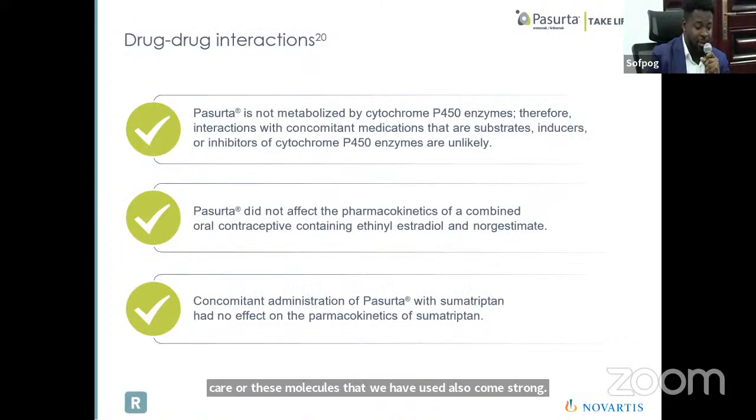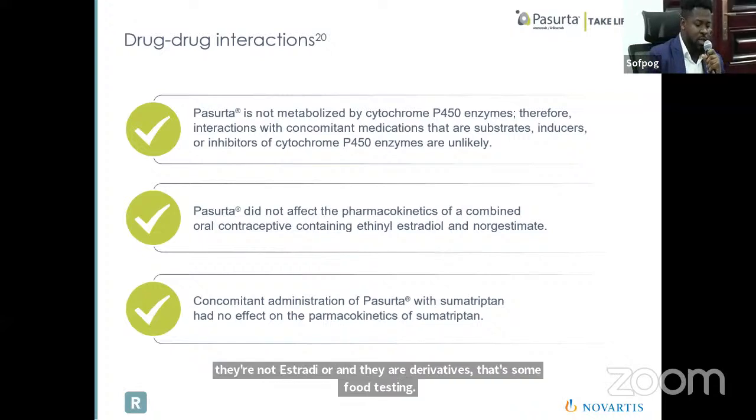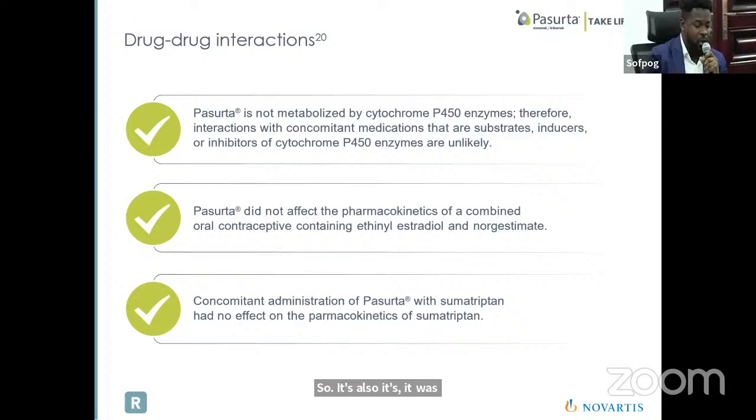It's metabolized by cytochrome P450, and the pharmacokinetics usually do not affect oral contraceptives. We focus on this because migraine is more common in women. Most oral contraceptives are ethinyl estradiol and its derivatives with some progestin. It was used concurrently with them, and it didn't cause any harm.